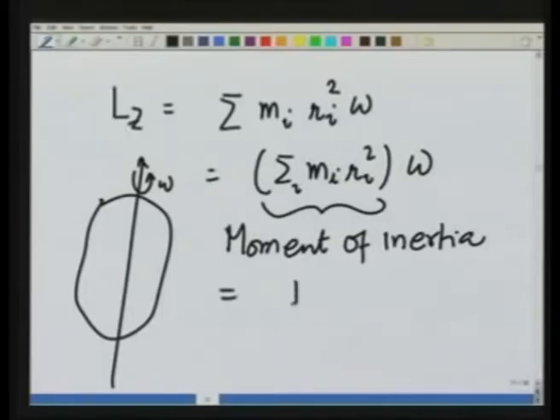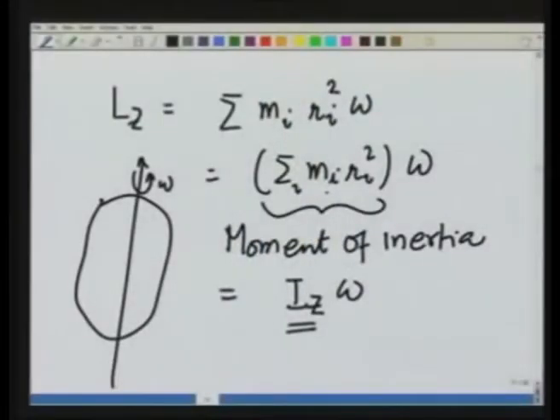So, let me call this I_z omega. This you have seen in your 12th grade, but now I have given you a rigorous derivation starting from the basic definition. I_z is nothing but mass times the perpendicular distance from the axis. Remember, r_i is this. It is not the distance from the origin, but the perpendicular distance from the axis. Multiply m_i times r_i square, add it up, that gives you I_z, times omega is Lz.